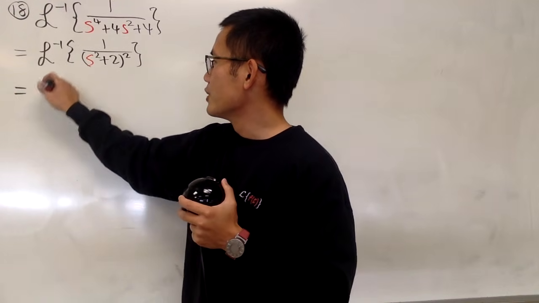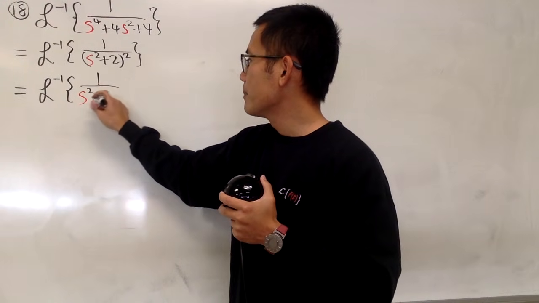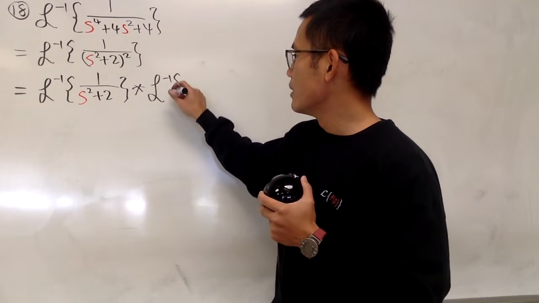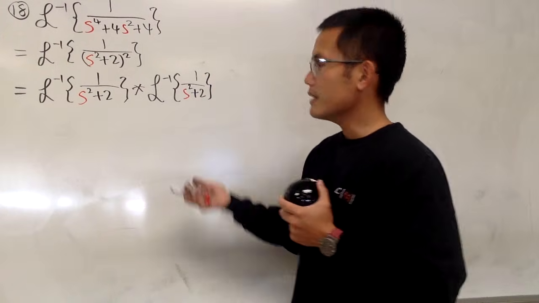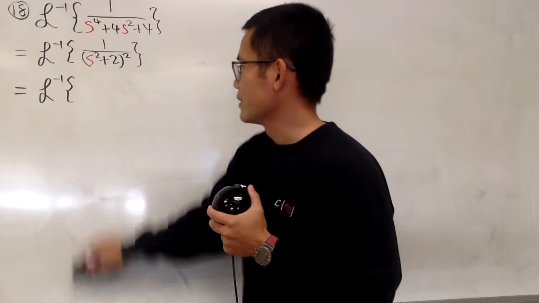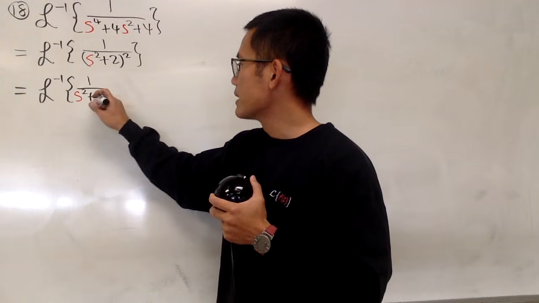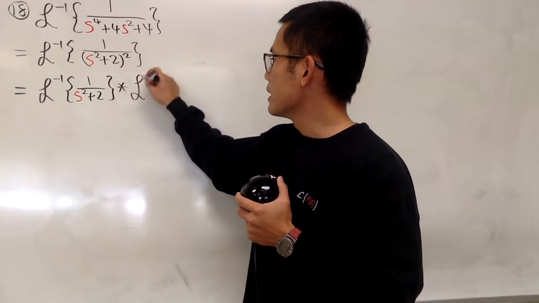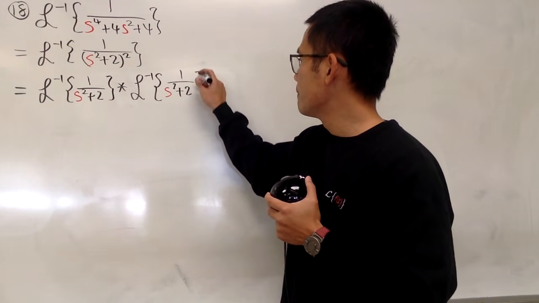So here, this is going to be the inverse Laplace of 1 over s squared plus 2, convoluted with the inverse Laplace of 1 over s squared plus 2, like this and like that, right? And actually, let me just rewrite it so I have more space for the other stuff.